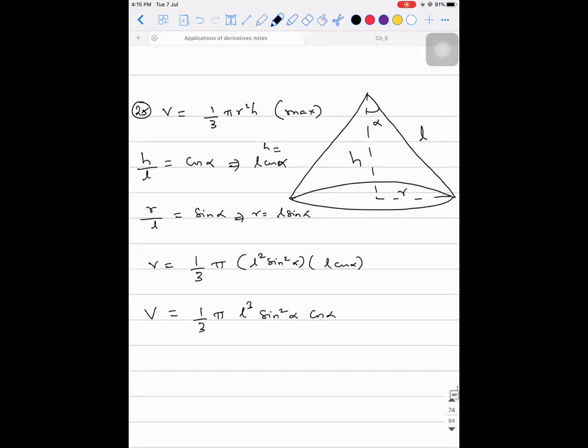So this volume is a function of how many variables now? 2 variables. Why? No, sir. One variable.